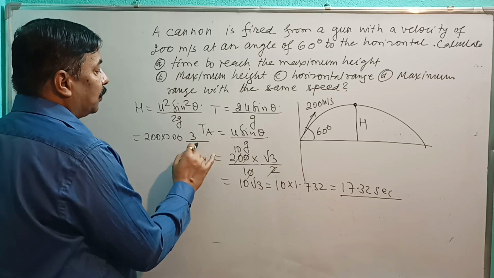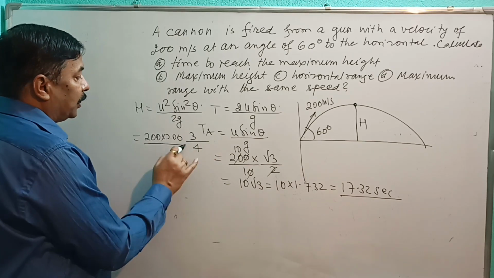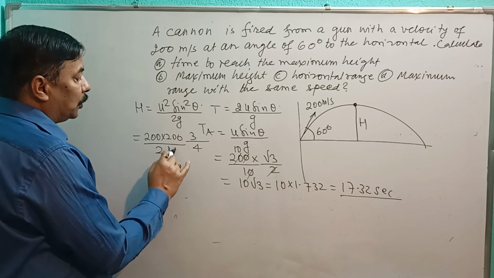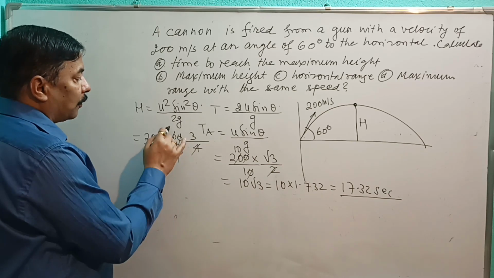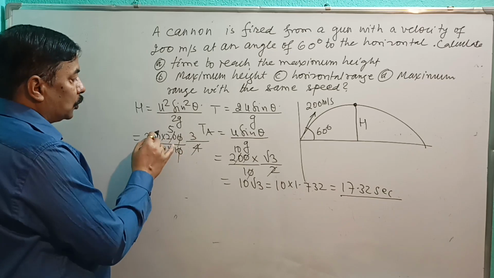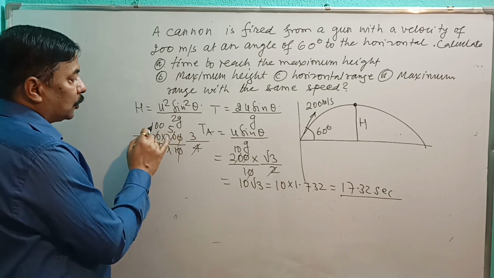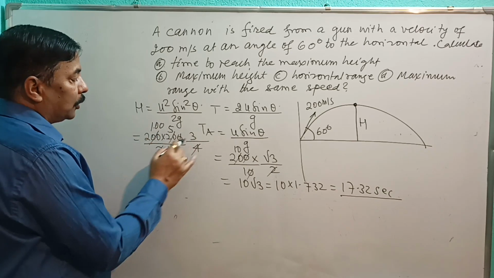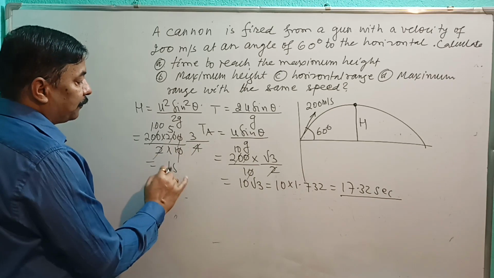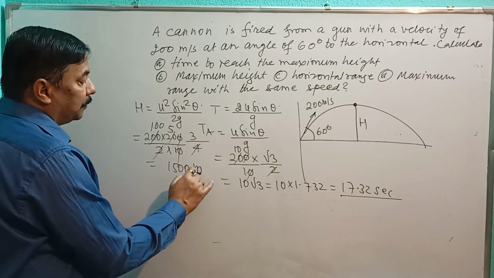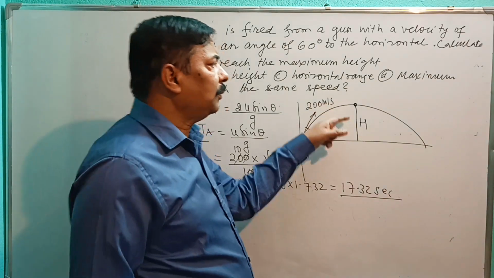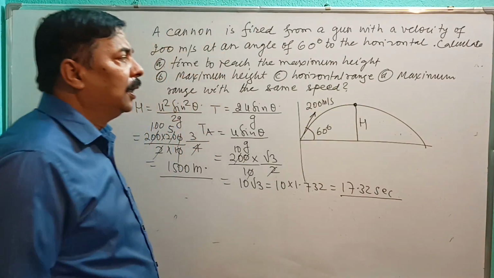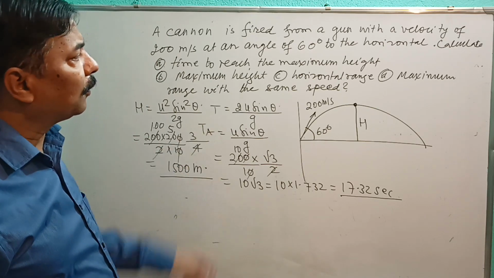So 3 by 4 by 2g, 2 into 10. So the zeros will cancel, 4, 5, 200. So 100 into 5, 500 into 3, that is 1500 meters. So 1500 meters is the maximum height in the projectile motion of this cannon.